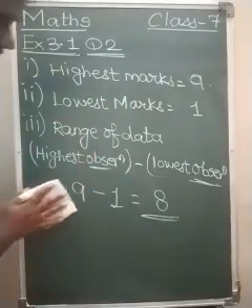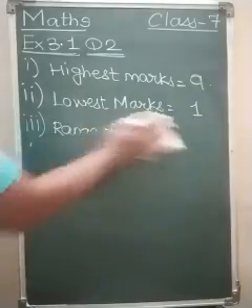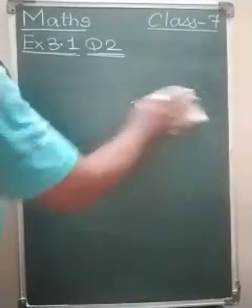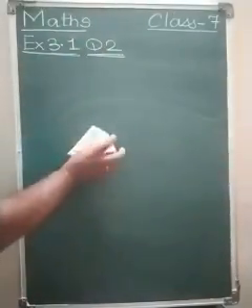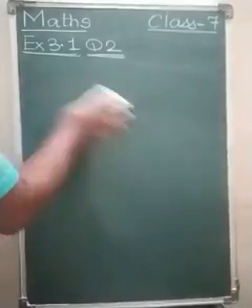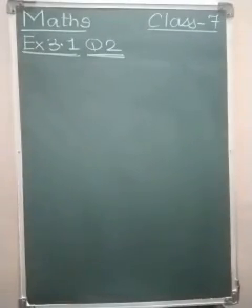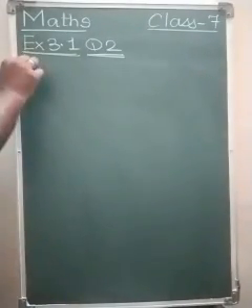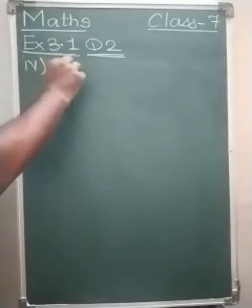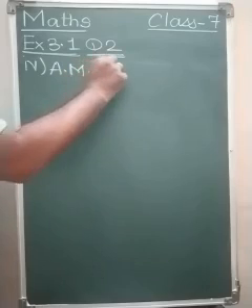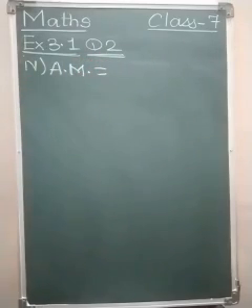And the fourth question is: what is the arithmetic mean? Find the arithmetic mean for the given data. Fourth question, arithmetic mean, AM, or simply mean also we can write.